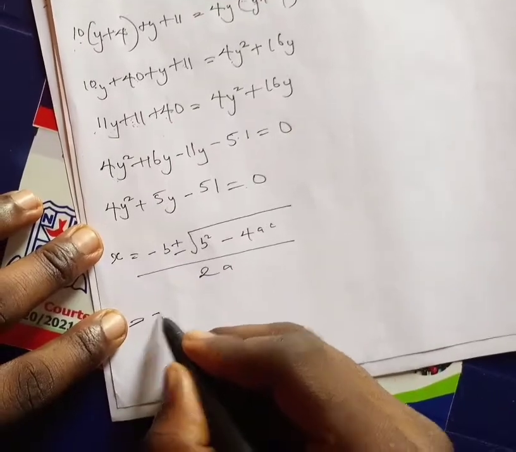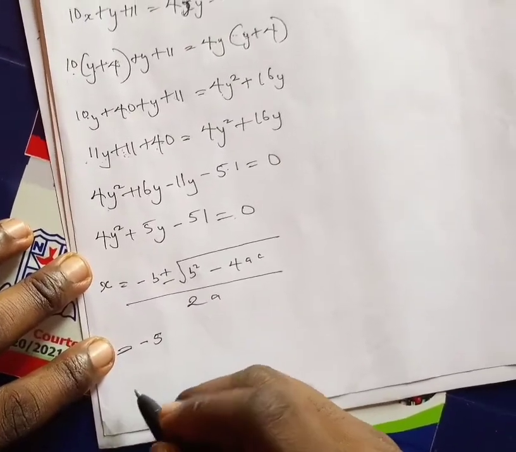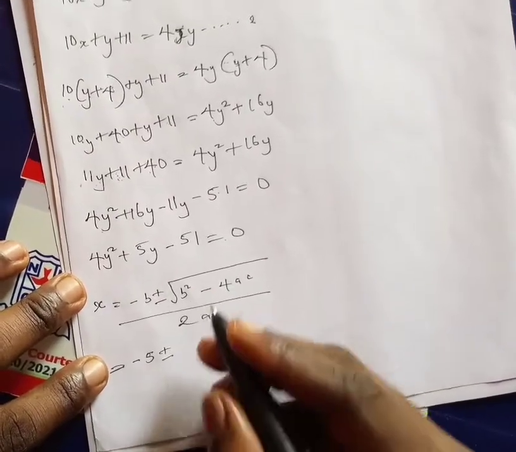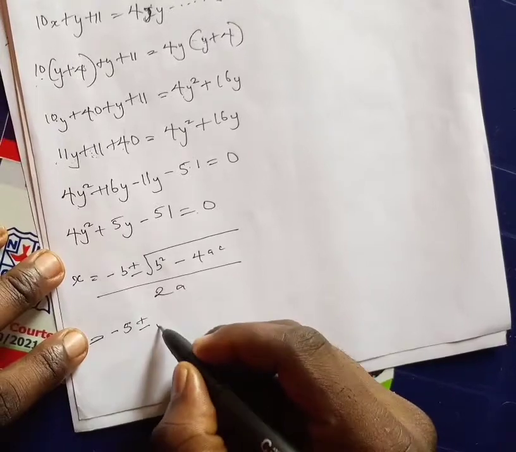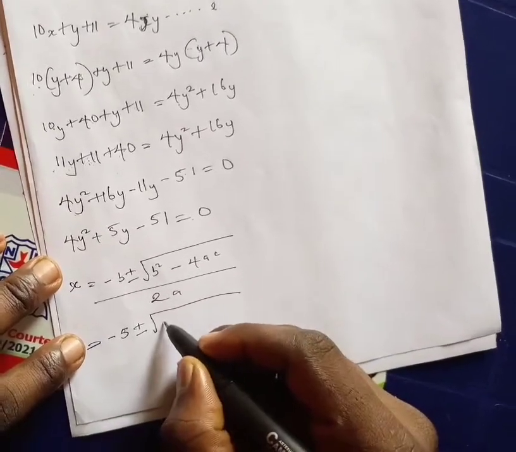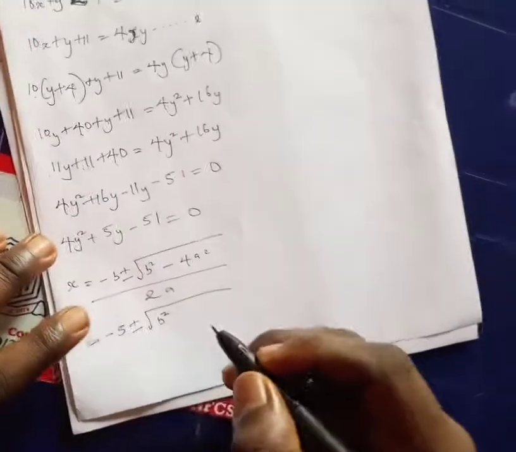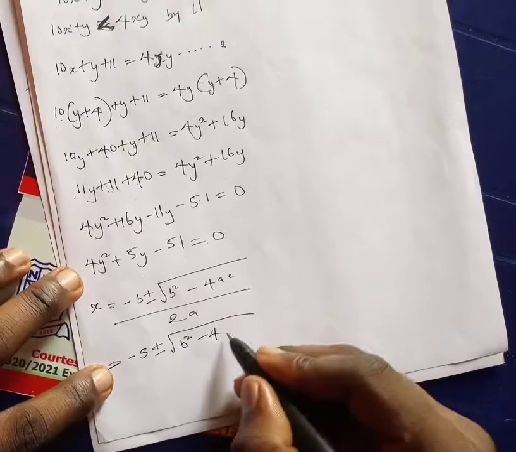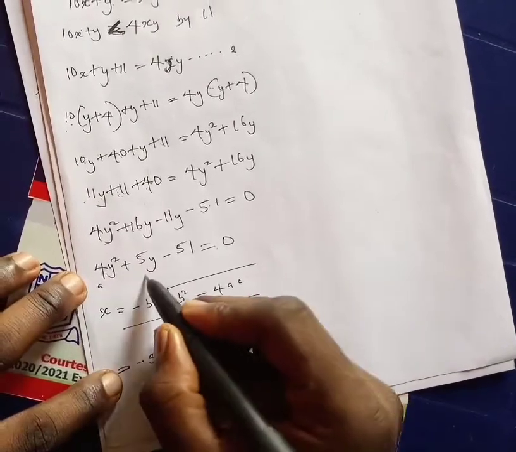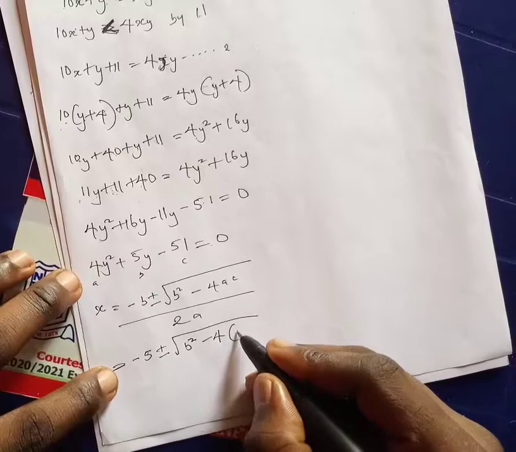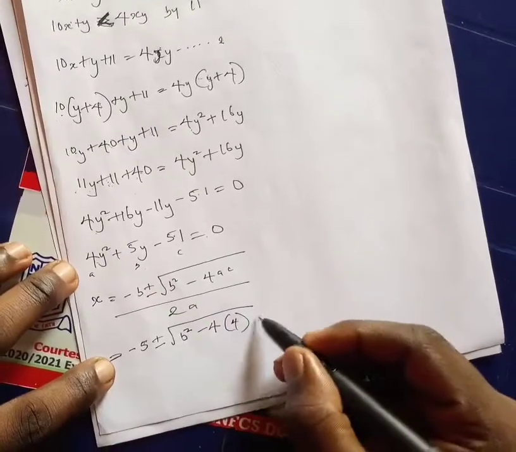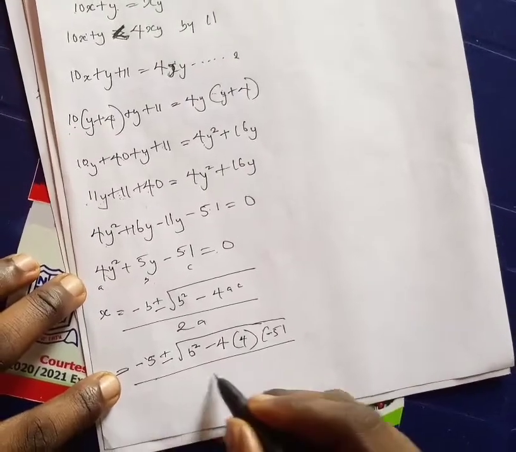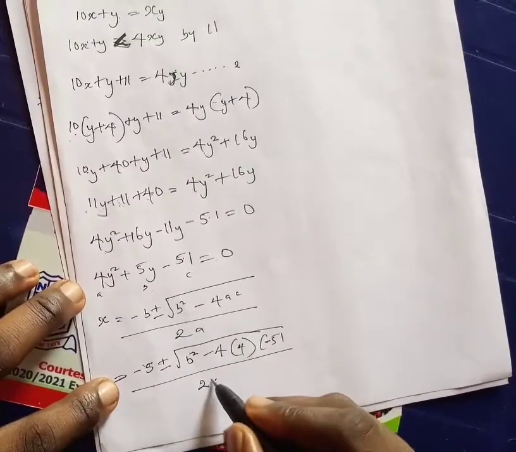My b here is 5, my a here is 4, and my c here is negative 51, over 2 times 4.